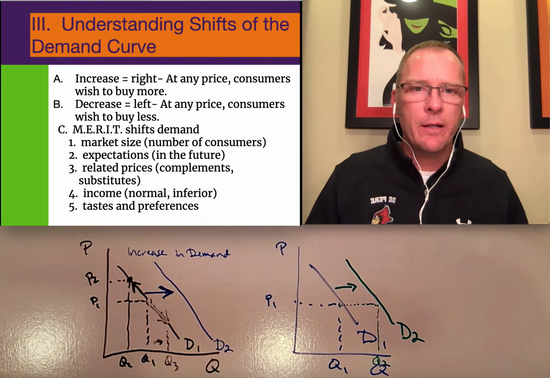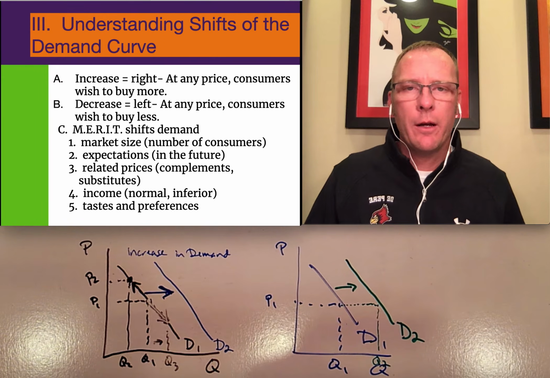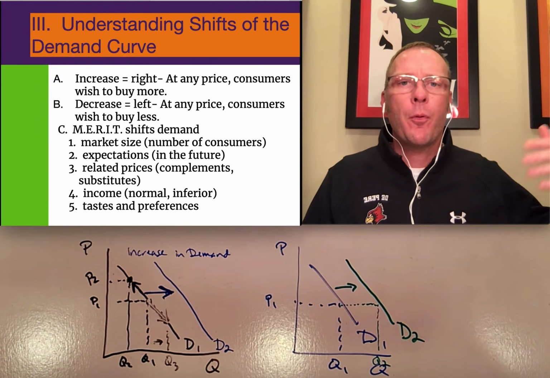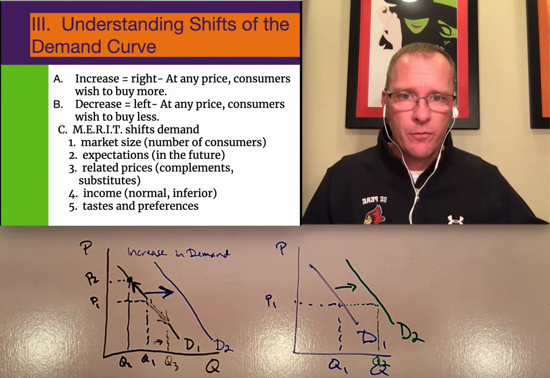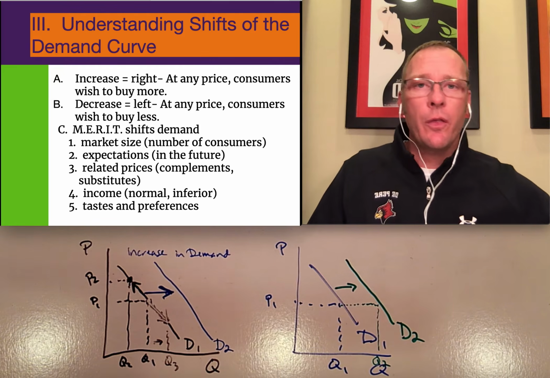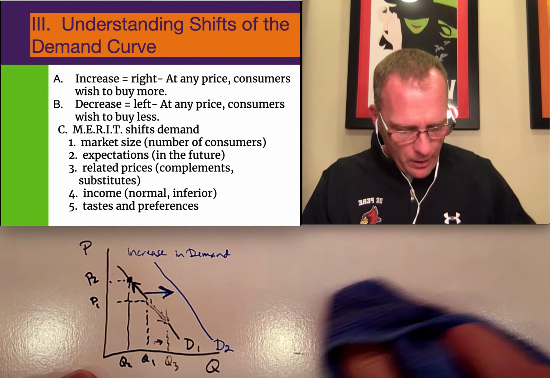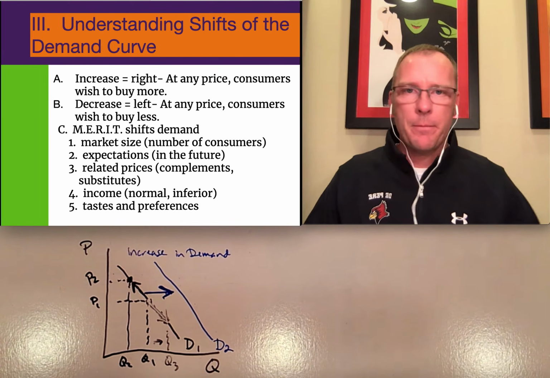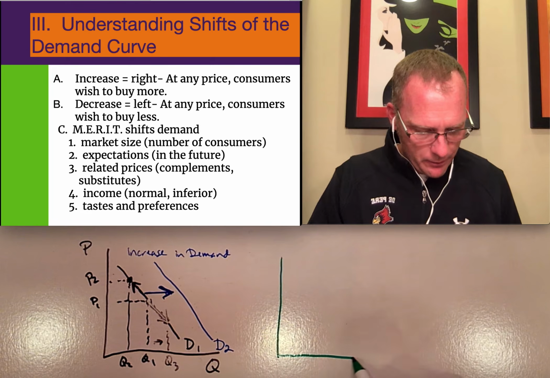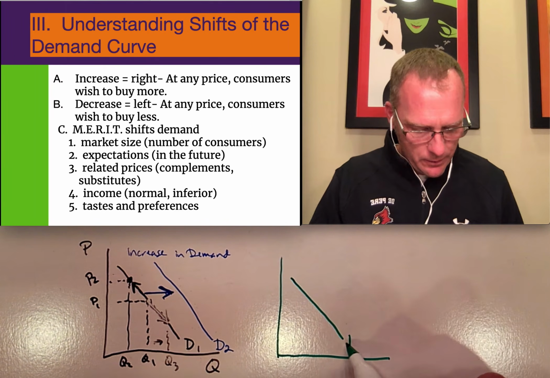What about expectations? Expectations are always into the future. If you see something worded where there's going to be a higher price on a good in the future, for example, so what are you going to do now? So if you think the price on this particular good that you're looking at is going to go up, like, oh no, there's high demand for this product in the future, or the price is going to go up in the future, we're expecting this to happen.